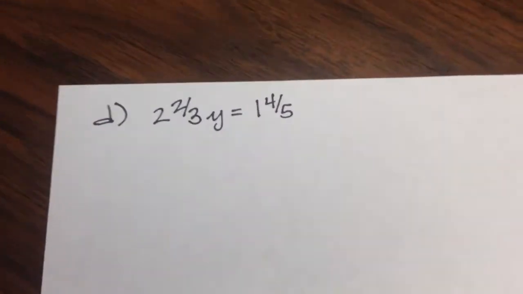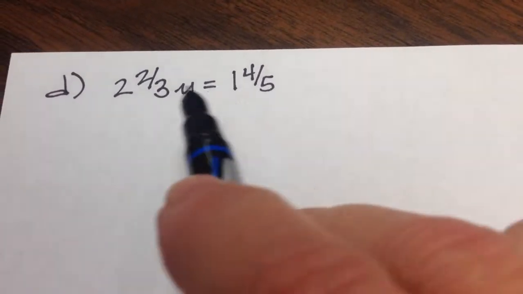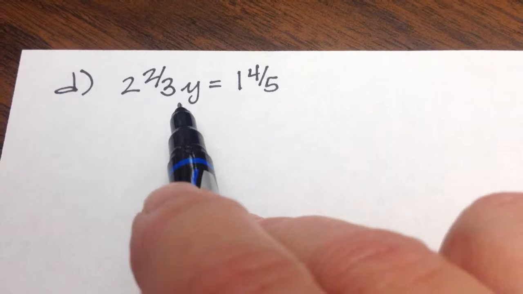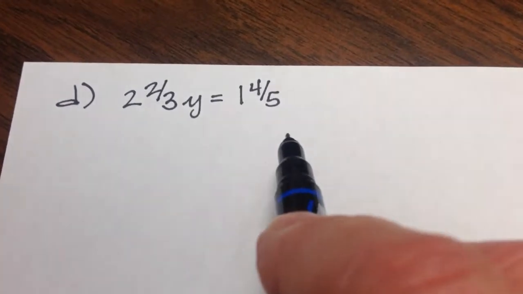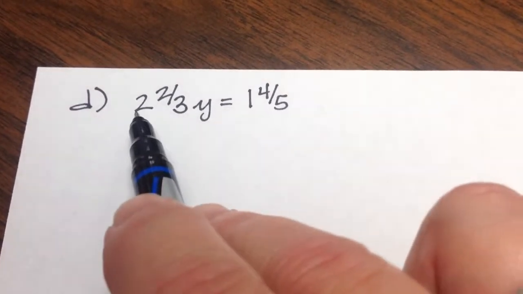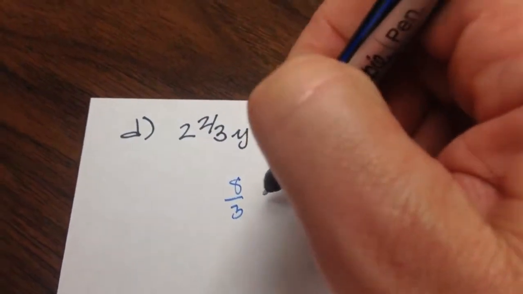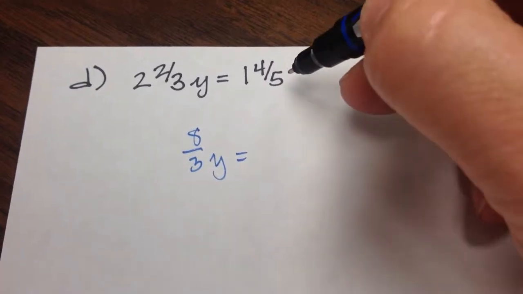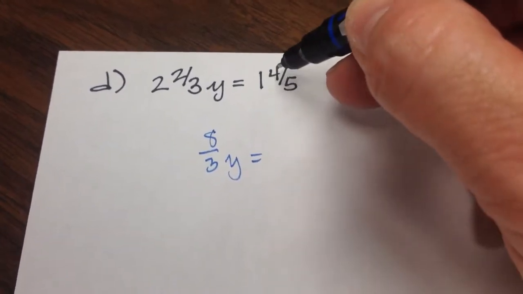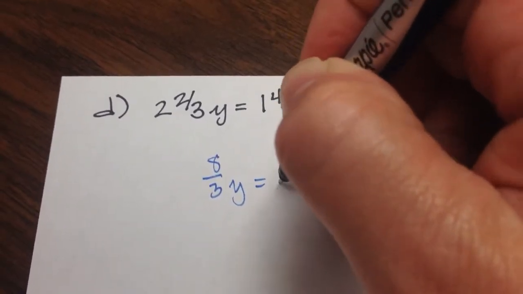All right. Oh dear. Oh my goodness. I have mixed numbers all over the place that I am going to convert into improper fractions. So 3 times 2 is 6 plus 2 is 8. So I have 8 over 3y equals 5 times 1 is 5 plus 4 is 9 over 5.